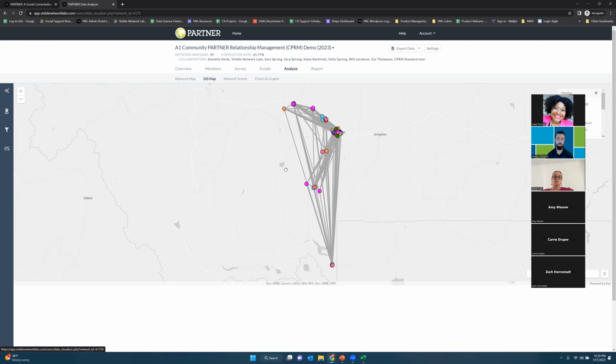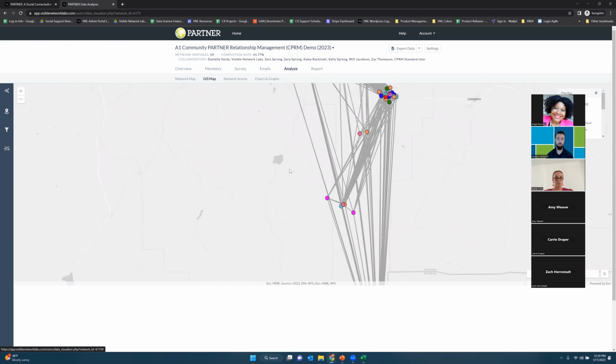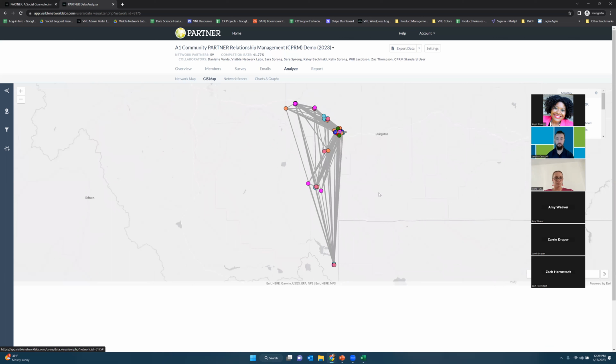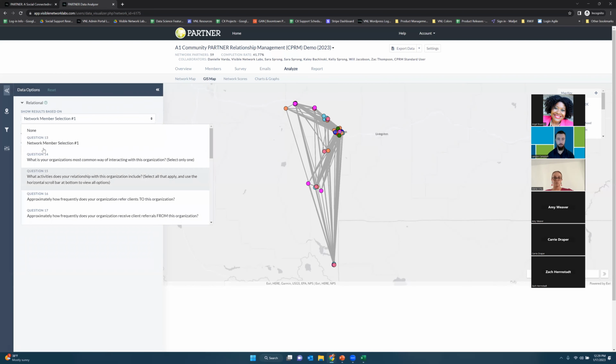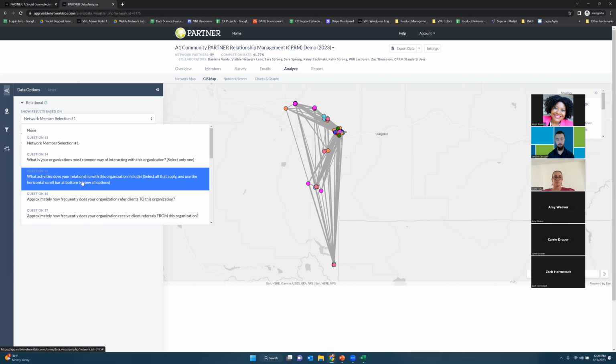This example is mapped out in Montana, in the Bozeman area there. And you can also sort any of these connections or the lines that are showing by any of your network relational questions. I know someone mentioned looking at the specific activities that councils are working on together.